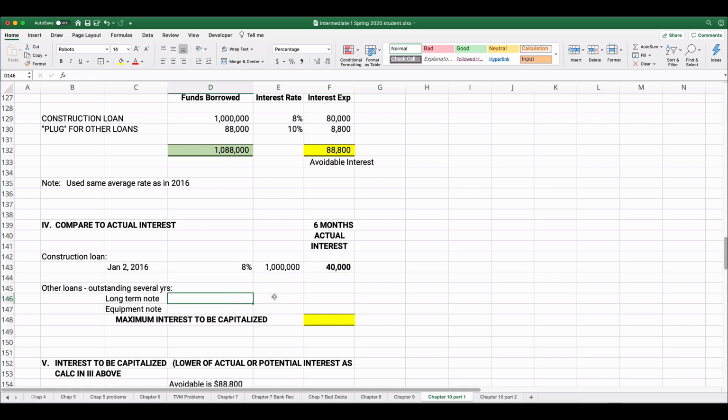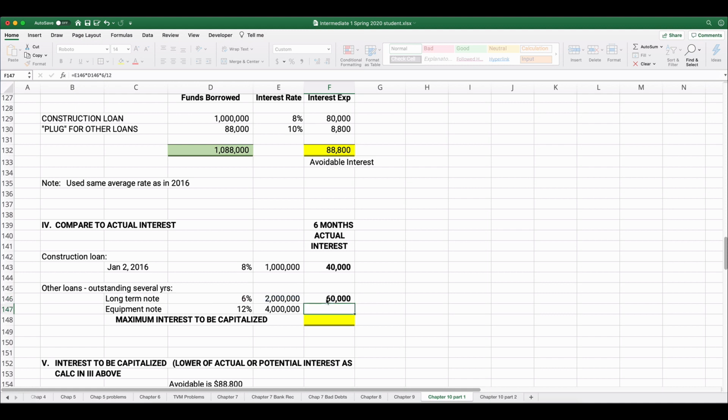The long-term note is 6%. The equipment note is 12%. So we're talking about the 2 million and the 4 million. And we're going to multiply that 2 million times 6% times 6 divided by 12, and we should get 60,000.